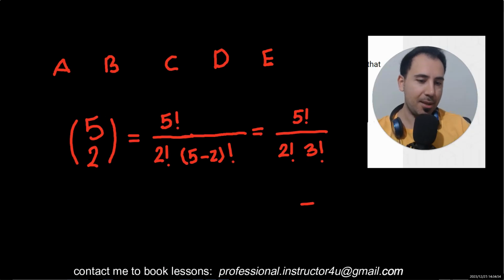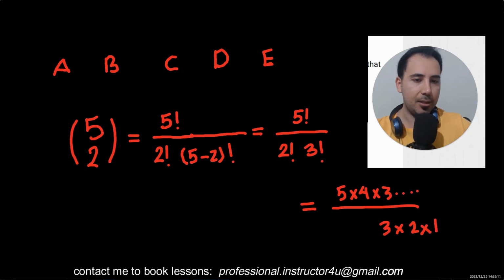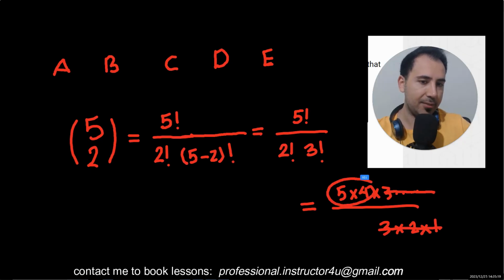Let's go complete. So the first one is going to be, look, 5 times 4 times 3 times and so on. 3 factorial is 3 times 2 times 1, right? Look, this part will cancel with 3 times 2 times 1. So what is left is only 5 times 4. So I could cross this and just write what is here.